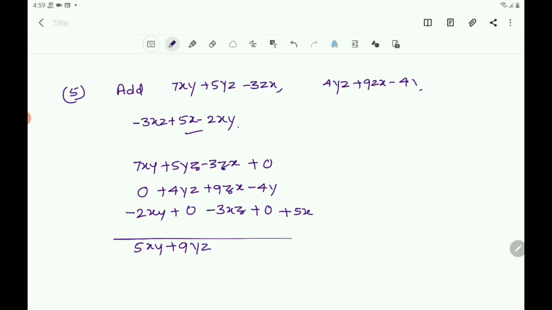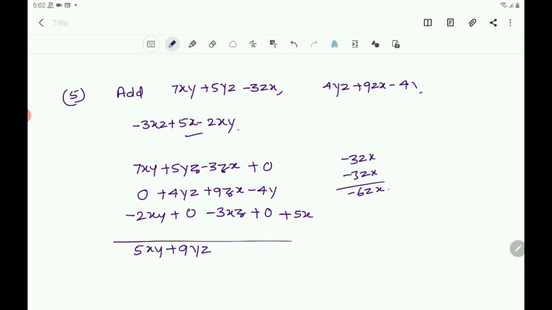And here minus 3zx is there, 9zx is there, minus 3zx is there, and the two terms minus 3zx have the same sign. If you add them, you get the same sign, means add them and put that sign. Minus 6zx you will get.